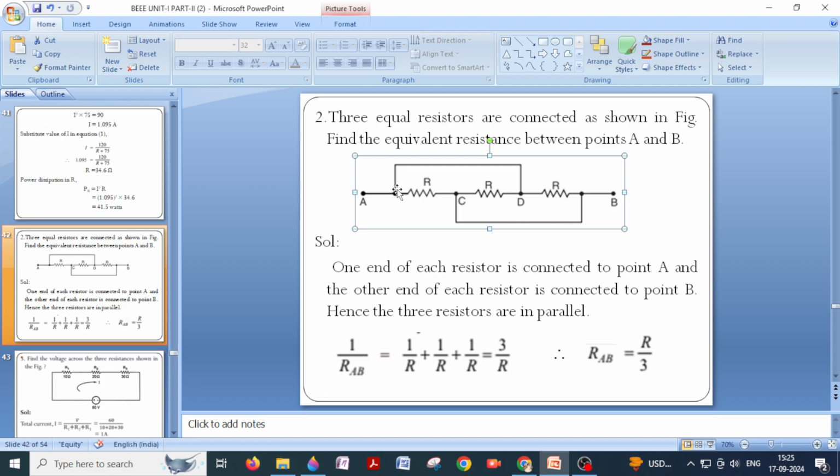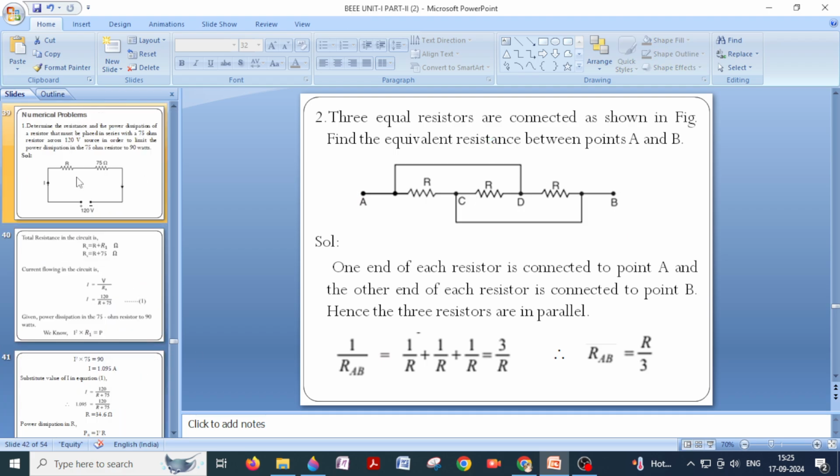Here a small confusion has been created by providing this connecting line, but you just assume the current direction and try to understand. So based on the discussion, all the resistors are connected in parallel. So 1 by RAB, resistance between AB, is equal to 1 by R plus 1 by R plus 1 by R, that is equal to 3 by R. So RAB is equal to R by 3.